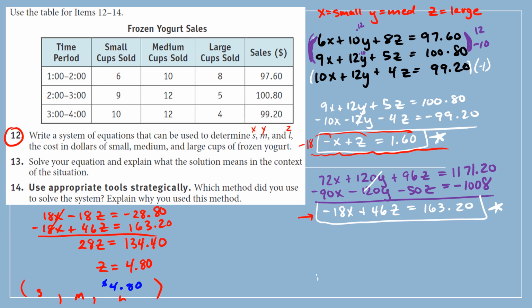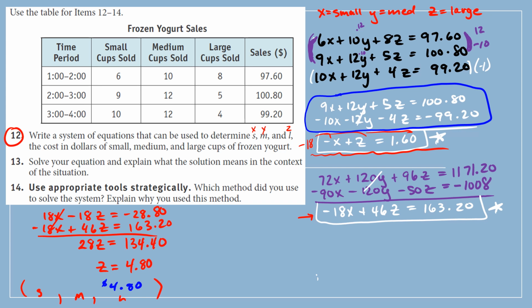So, why don't we just take these two here that I made here in white, and we will plug in 480 for Z. Boy, I'm getting tight on space here.